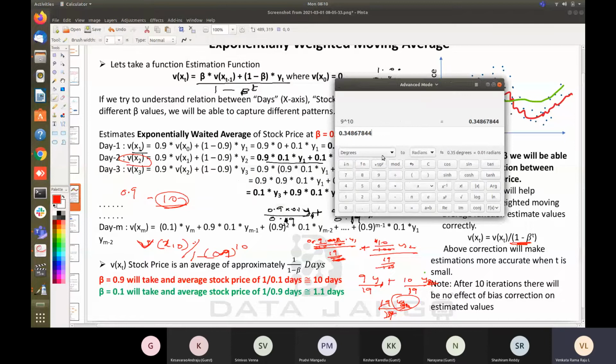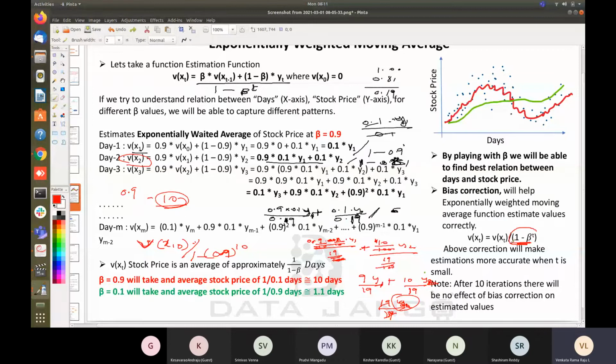If you take 100, let us take 0.9 to the power of 100, say 0.0000 whatever, right? 1 minus whatever, this is going to be 1 only. At higher iterations, even when you use bias correction, the denominator effect is going to be reduced after a certain number of iterations.